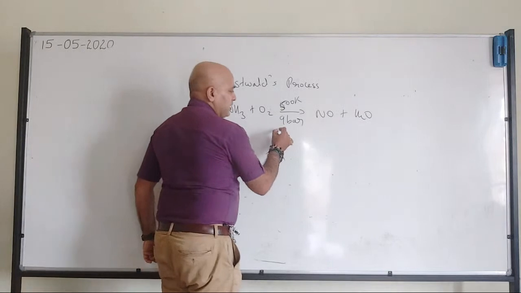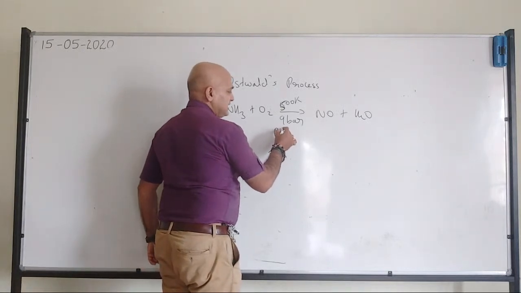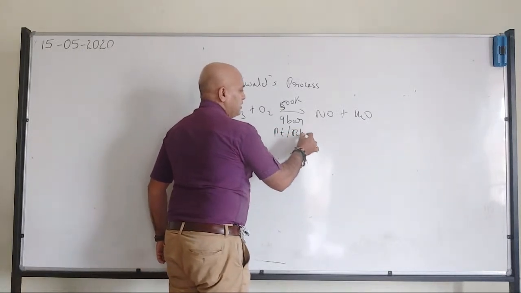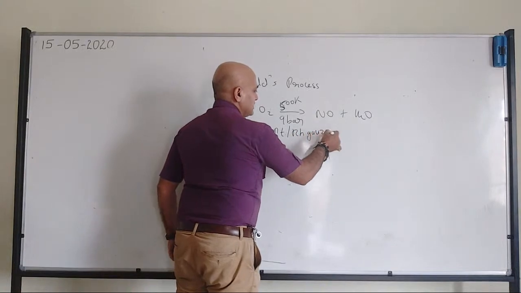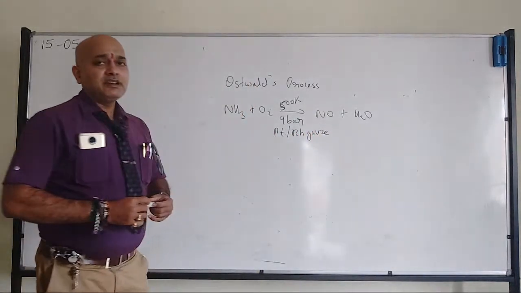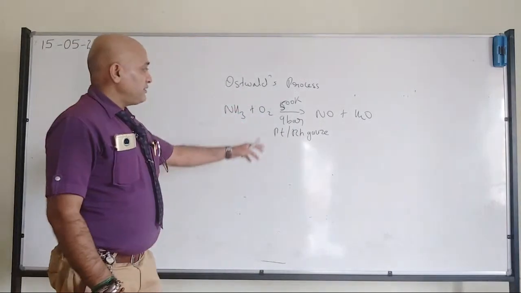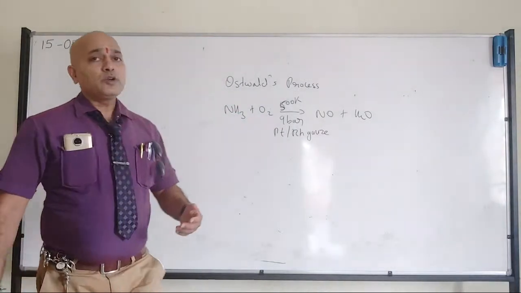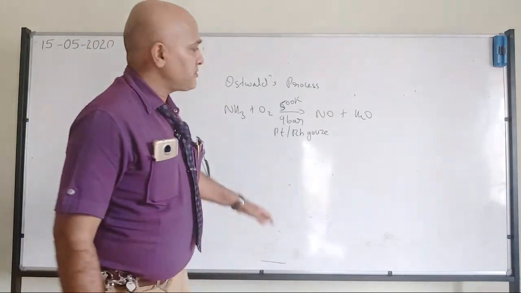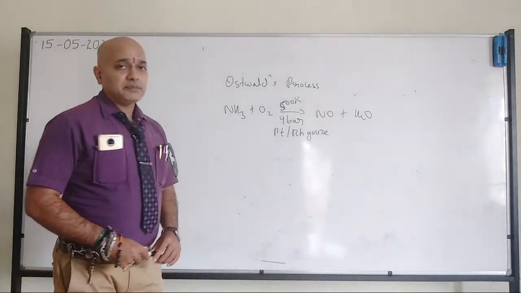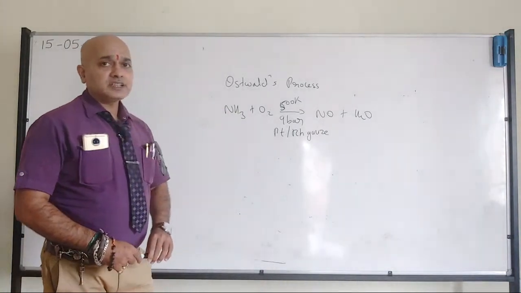Now, another important condition is the catalyst, that is platinum or rhodium gauze. They will not use the powder, they will use the gauze. Gauze means like cotton fibers. So that's where we have the platinum or rhodium gauze, mesh type, okay? So this is the first step and this is the reaction condition.